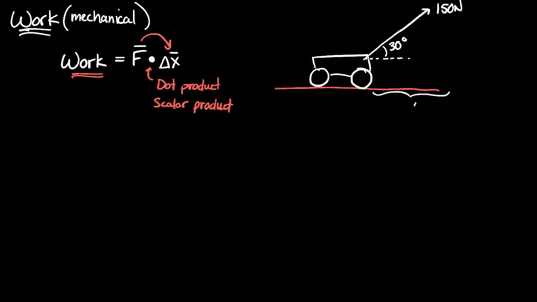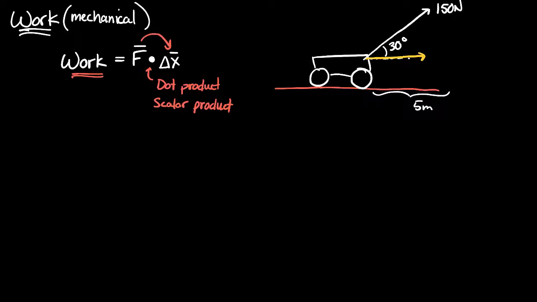So it will have some displacement, let's say 5 meters. The 150 newton force, though, isn't all being used to move the wagon. Only a portion of it is. When calculating the work done, it's the portion of the force that is in the direction of the displacement that does work.